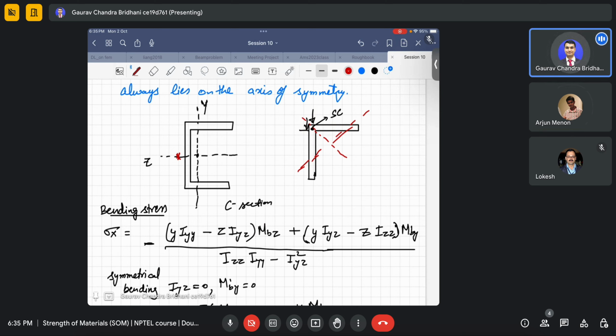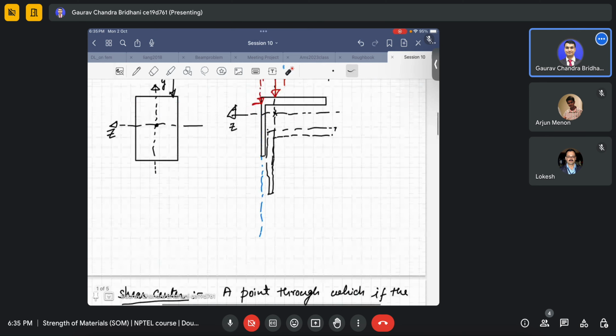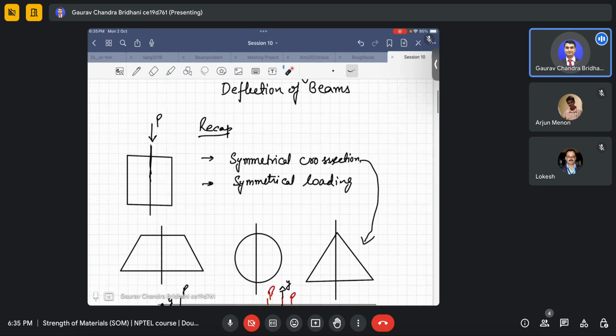Yeah, it's an unsymmetrical bending. And the best way to find out is using this way. We have to be reminded of these two quantities. We have to just look for these two things, whether the cross section is unsymmetrical.